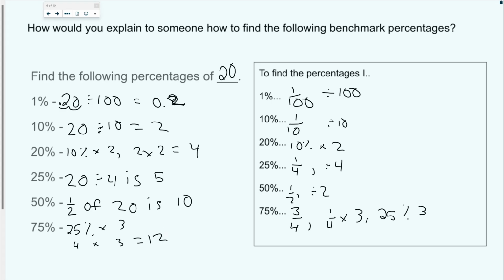So 75% of 20 is 12. Oh, sorry, 25% would be 5. Sorry, I was looking at the wrong thing. Times 3 would be 15. I knew something was wrong there. So 75% would be 15, because 25% is 5. Multiply that by 3 to get 15.